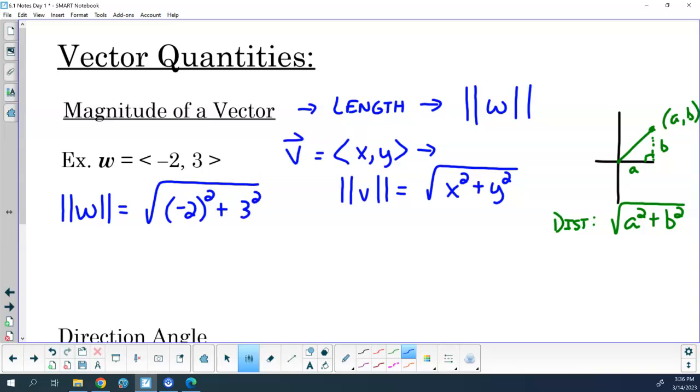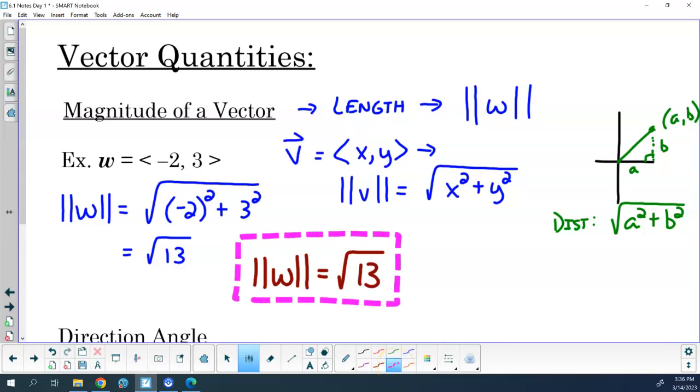Negative 2 squared is 4. 3 squared is 9. Add them together and we get the square root of 13. So that then is the magnitude of w. Preferably, we're going to leave those in simplified radical form unless told otherwise.